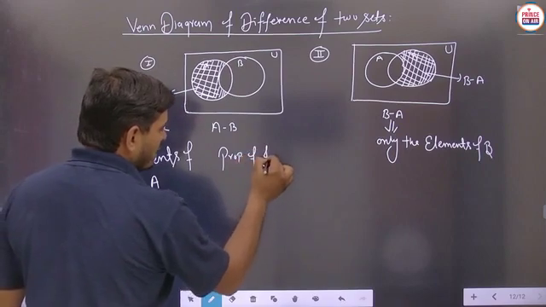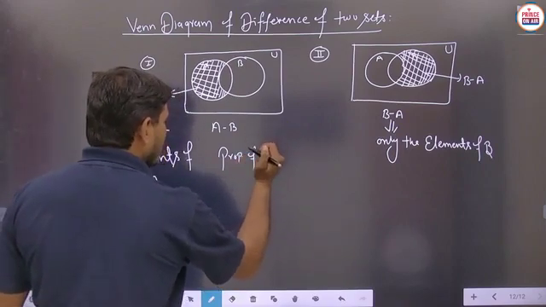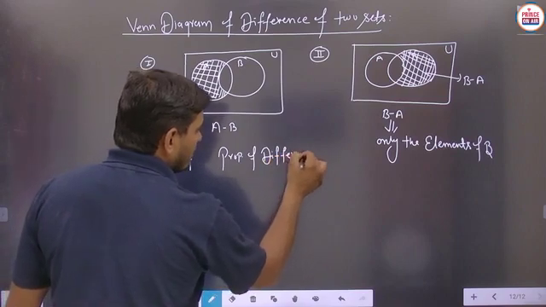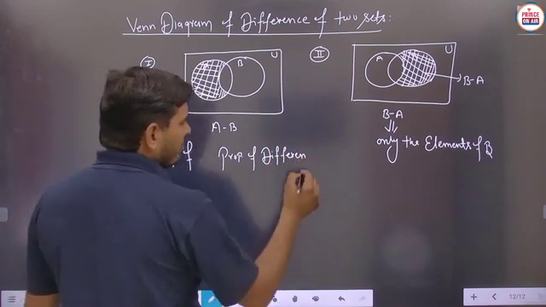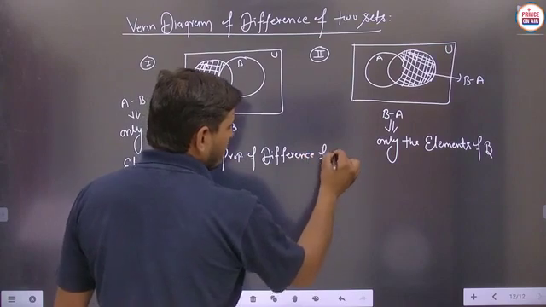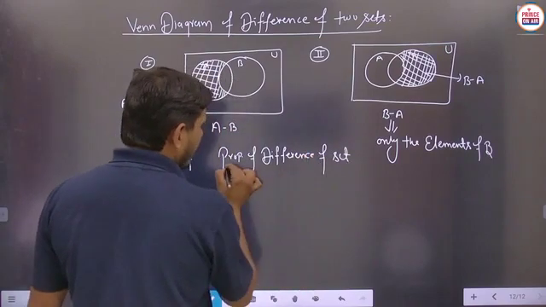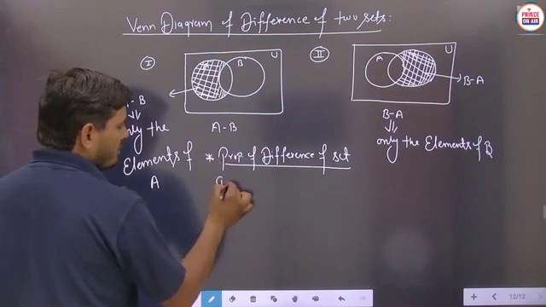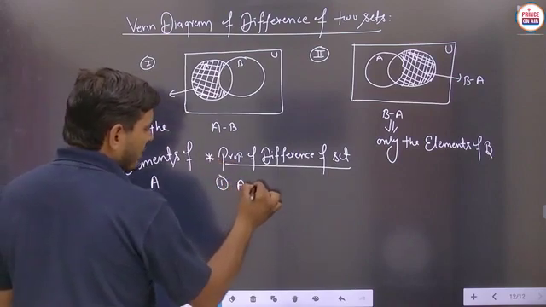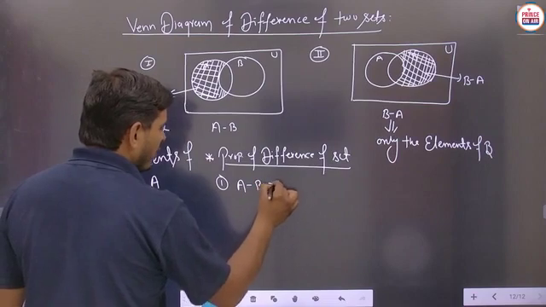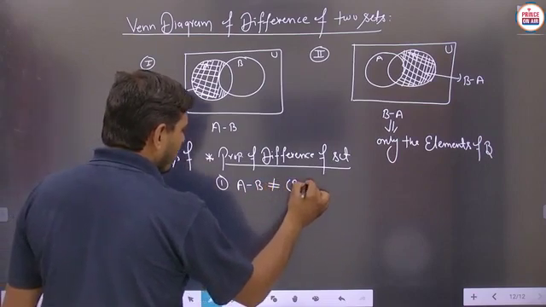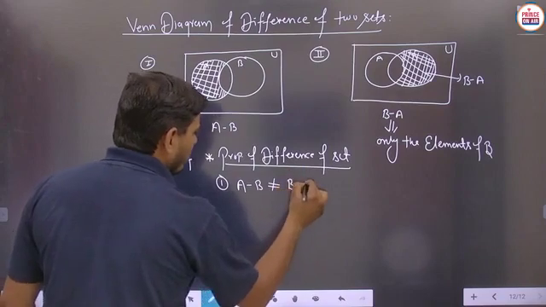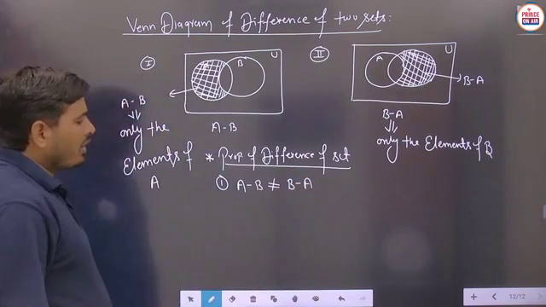Some of the basic properties of intersection, difference of sets, properties of difference of sets. So basically, students, again we are taking similar types of properties. You can see the very first property: A minus B is not equal to B minus A, because both have different definitions.